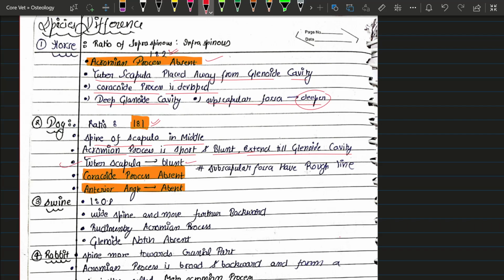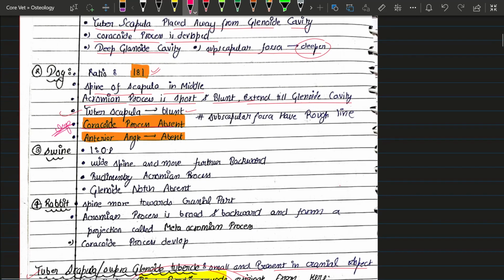The tuber scapula is also blunt. The important point is that the coracoid process is absent in the dog. So you can easily identify the scapula of a dog by the absence of the coracoid process. The anterior angle is also absent in the dog. These are the points that you should know.